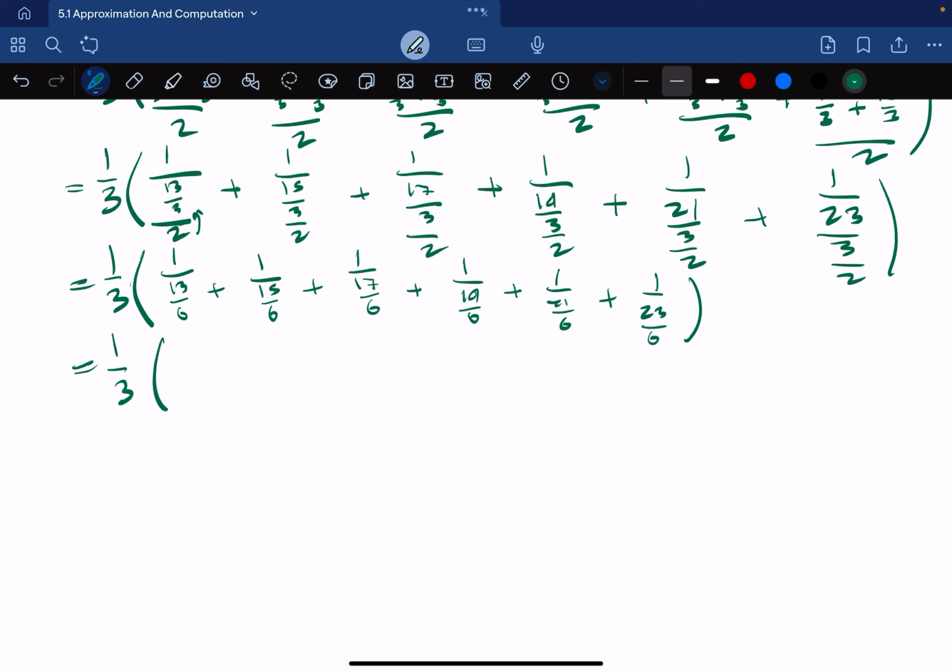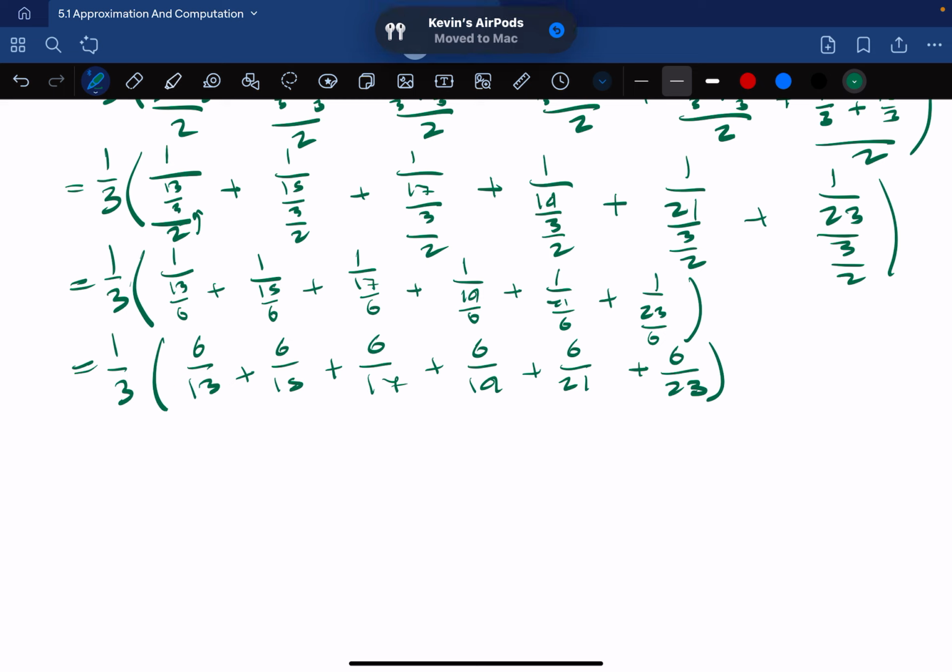And then this once again gets simplified as 6 over 13 plus 6 over 15 plus 6 over 17 plus 6 over 19 plus 6 over 21, finally plus 6 over 23. And then once again, this is something I would recommend using a calculator for. And then finally, your final answer should be approximately 0.692.